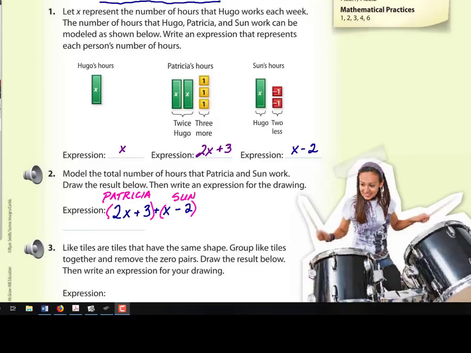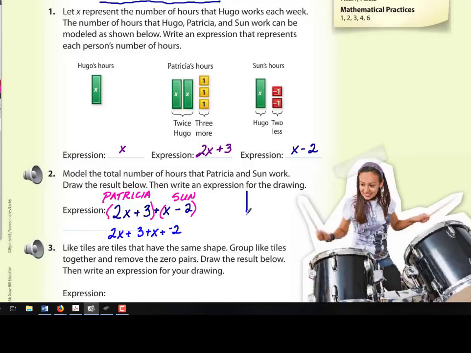Think back to yesterday's lesson where we talked about the advantage of having everything as addition. This is going to be one of those places where that would be helpful. So we're going to think of this as 2x plus 3 plus x plus negative 2. We simply took this amount for Son and made it into plus negative 2 instead of minus 2.